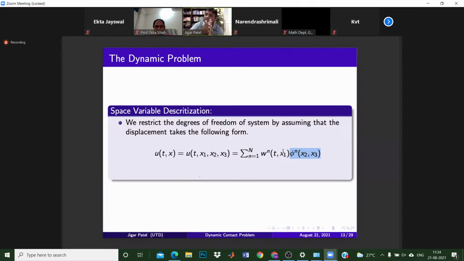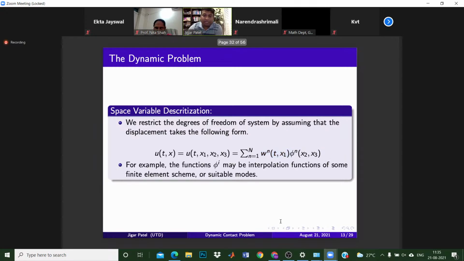On the height, there are a few nodes that are fixed and not going to move, and there are some points that are loose. They represent crack opening and crack closing. So we would like to focus on those nodes only, and the remaining nodes can be handled using some sort of finite element scheme, or you can use the vibration modes.